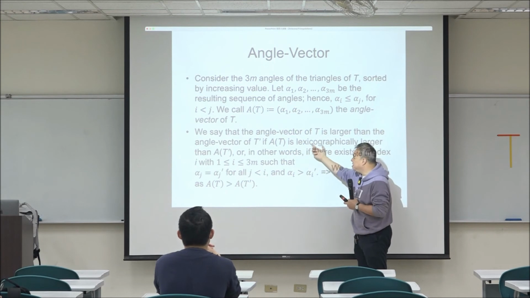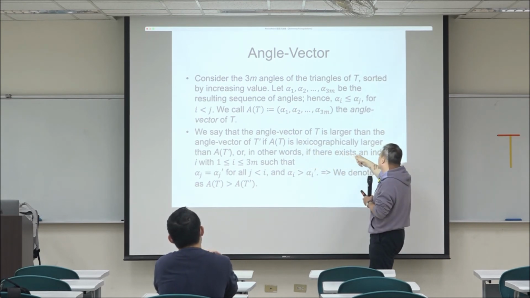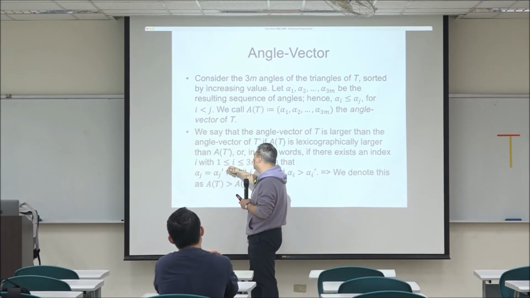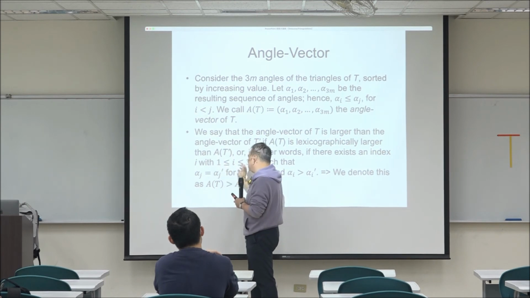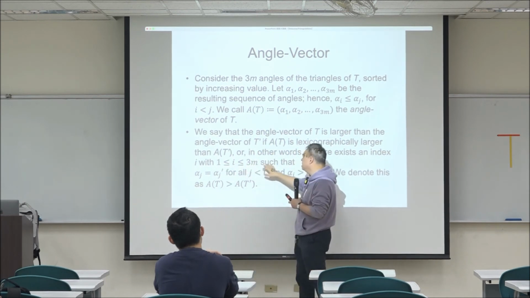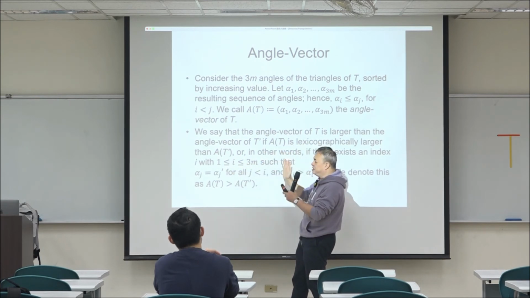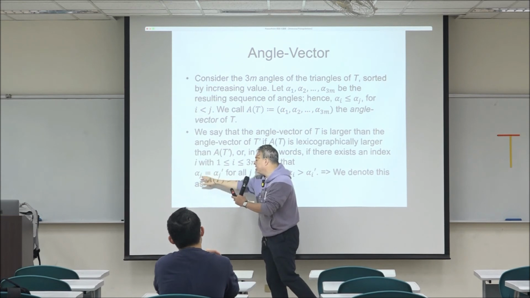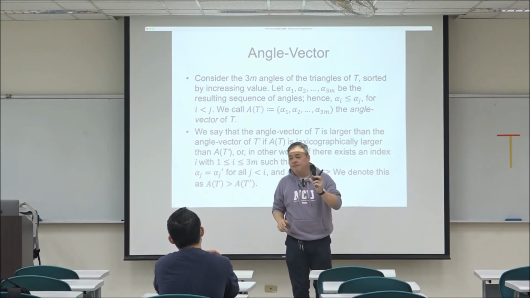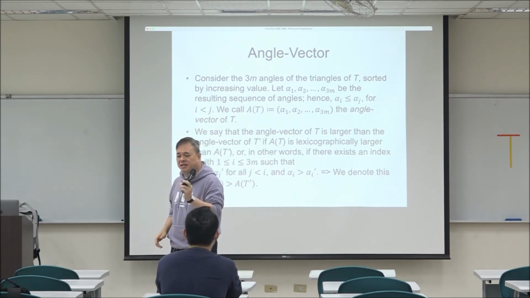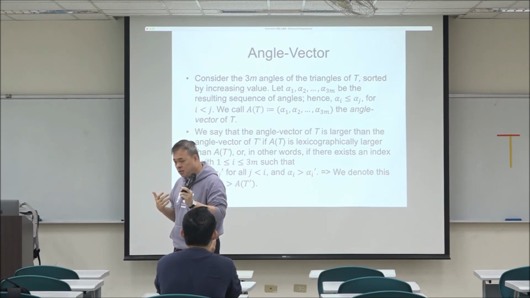Basically it means that there exists an index i, between 1 and 3m, such that before index i, each of the angles in these two angle vectors is the same. Alpha 1 is the same as alpha 1 prime, alpha 2 is the same as alpha 2 prime, and so on. Remember, it's in increasing order, okay?